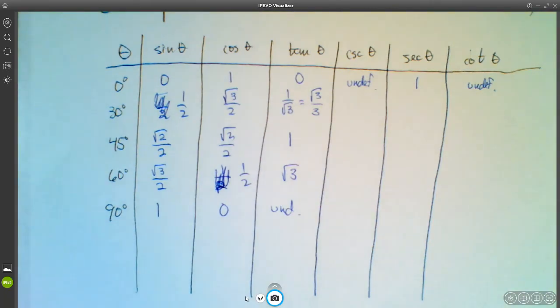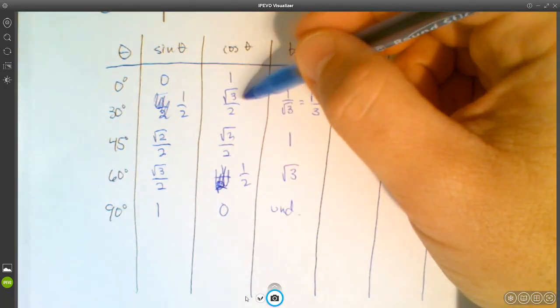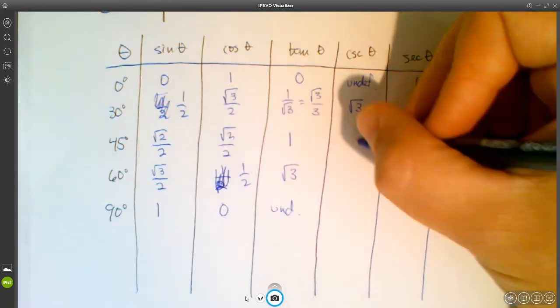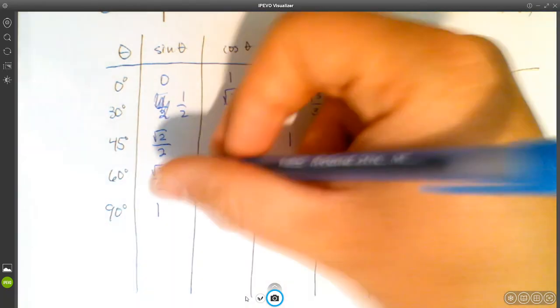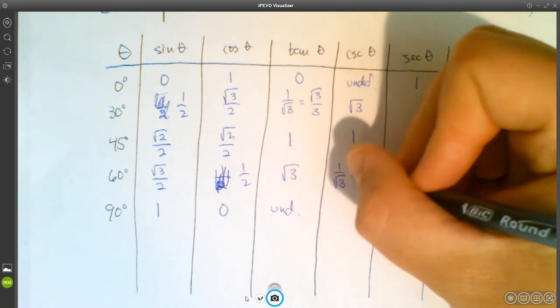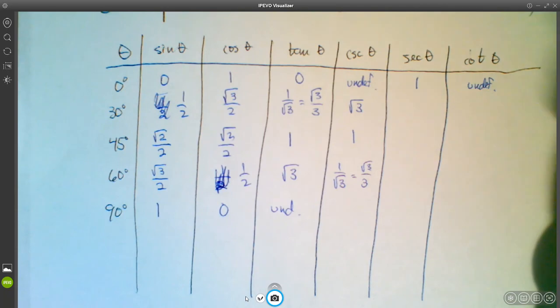Right? So there's tangent. Cotangent is the opposite, right? It's cosine over sine. So it's going to be root 3 over 2 divided by 1/2 is root 3. Root 2 over 2 divided by root 2 over 2 is 1. And then 1/2 divided by root 3 over 2 is 1 over root 3, which is the same thing as root 3 over 3, depending on if you want to rationalize it or not.